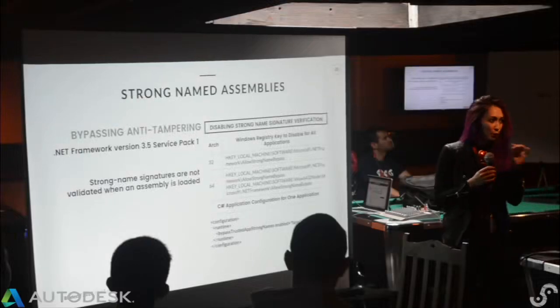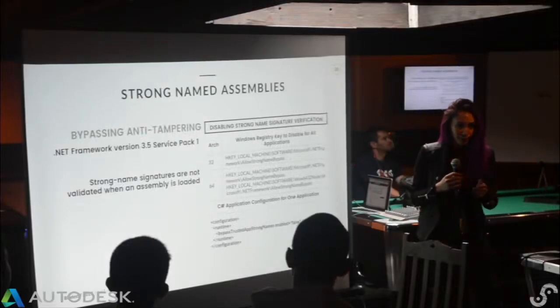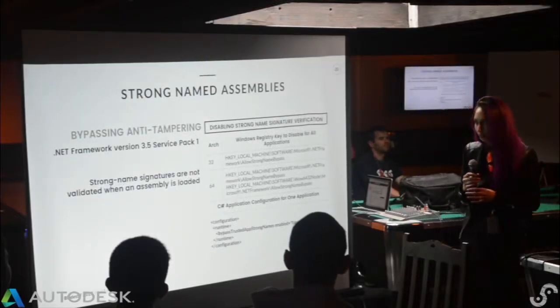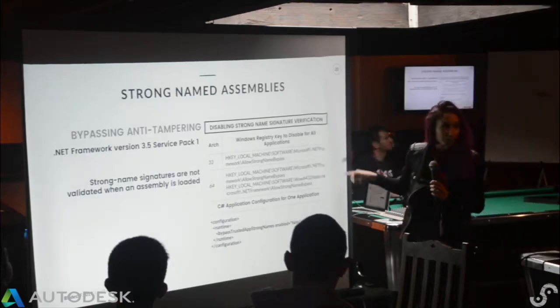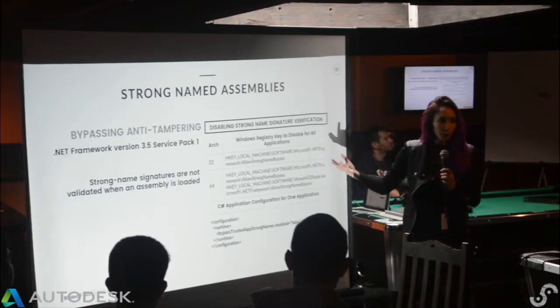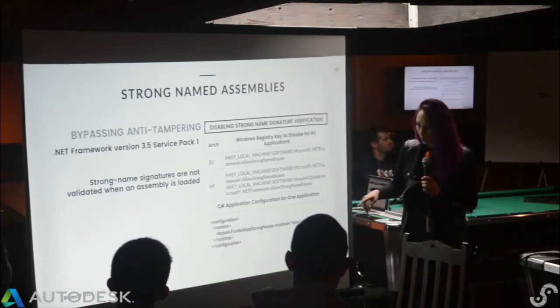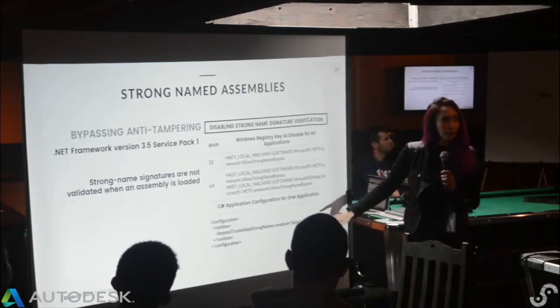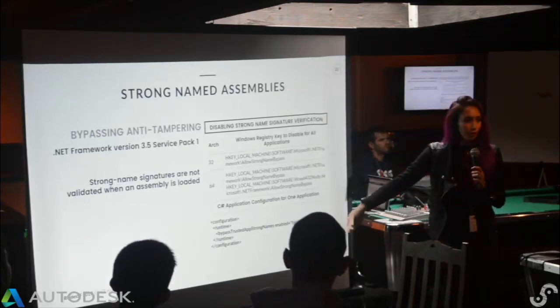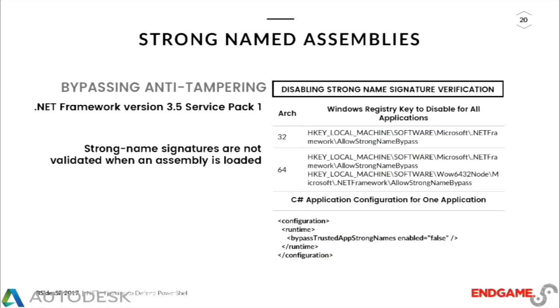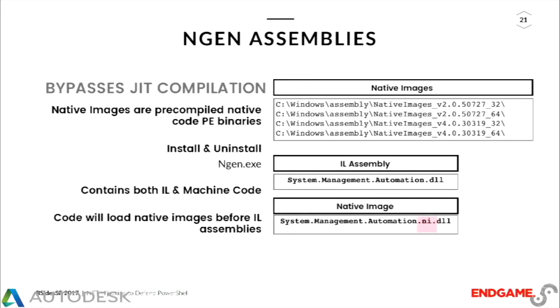And it would just look for the signature rather than actually validating that it's the right one. On top of that, you can disable it with the registry keys here if you want to check for strong names across all of them. Or if you want to do it specifically for one application while you're building in Visual Studio, you can just put that into the configuration file, which is nice if you're doing bad stuff.